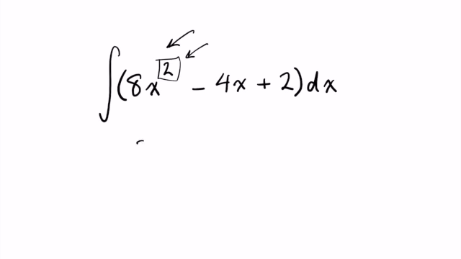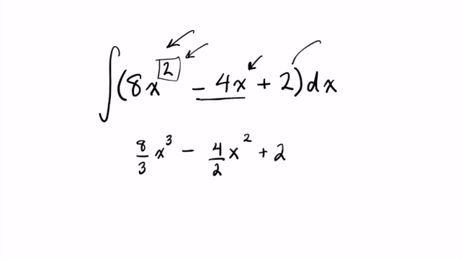What I have is 8 over 3x cubed. When I look at this term, I have minus. Well, that power is clearly 1, so I'm going to raise that power back up 1. So I have 4 over 2x squared plus 2. And these are the easy ones. The moment you have just a constant, we put our variable back in.